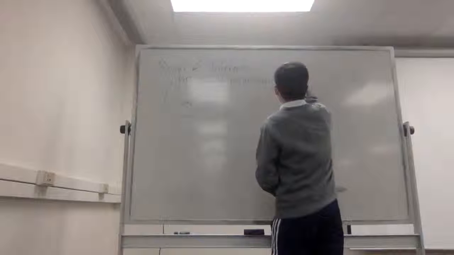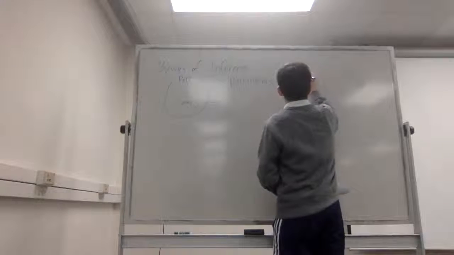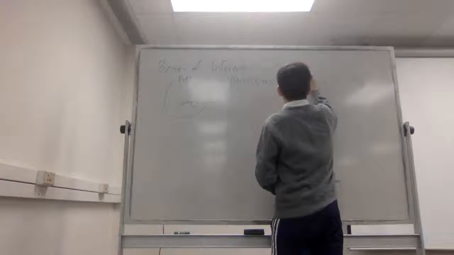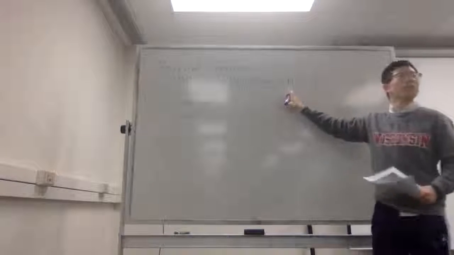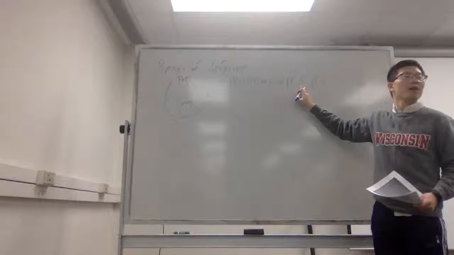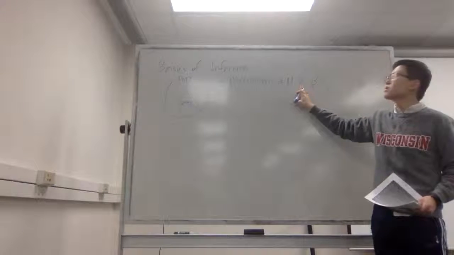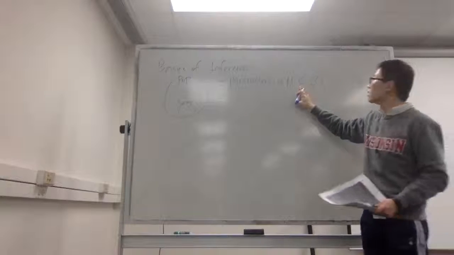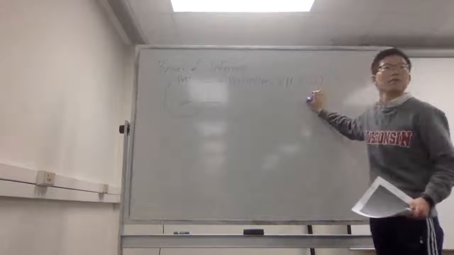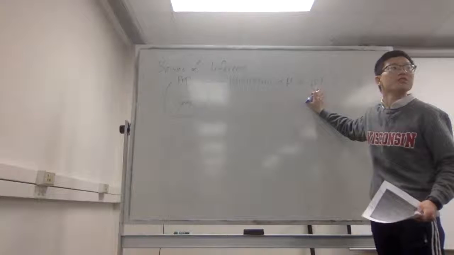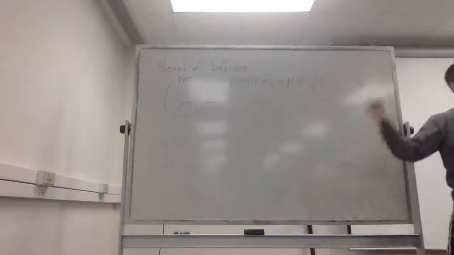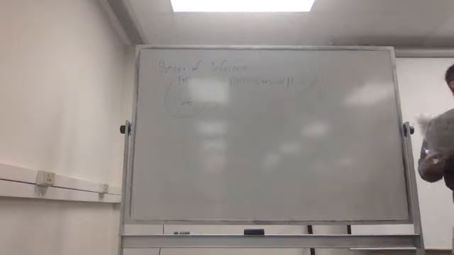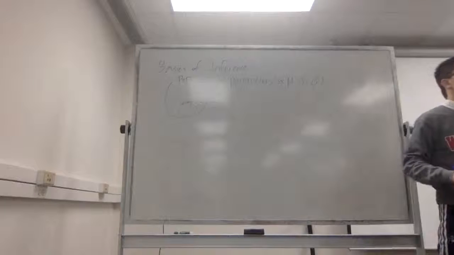For example, mu, sigma, or beta. This is the population mean, the population standard deviation, and this is the population regression coefficients. All the numerical characteristics of the population of interest.